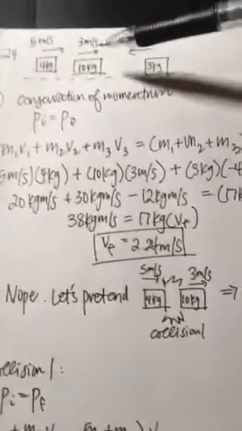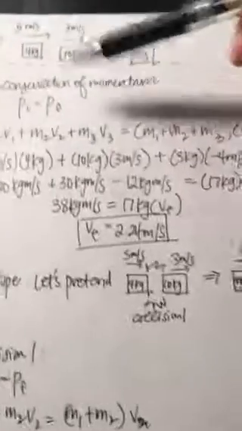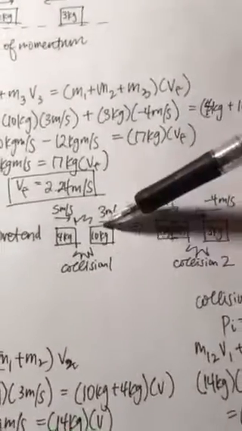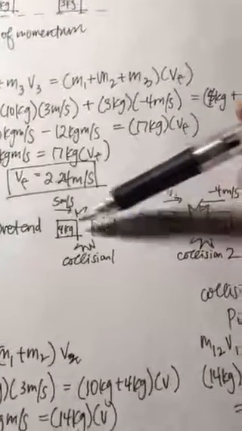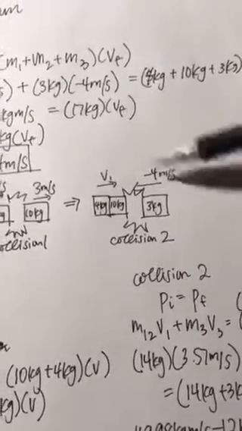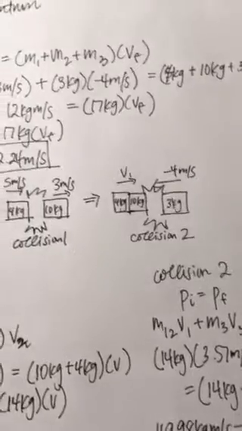But let's just, for argument's sake, pretend that these two, the 4 kilogram block and the 10 kilogram block, going both to the right, they collide first. They stick together first, and then together they collide with a 3 kilogram block that's going negative 4 meters per second.